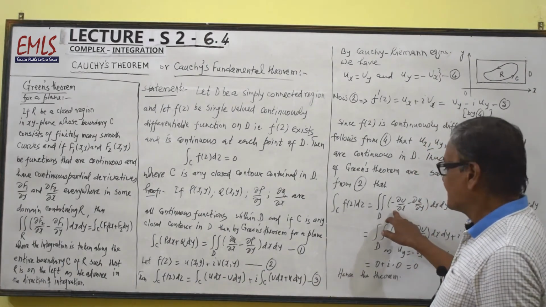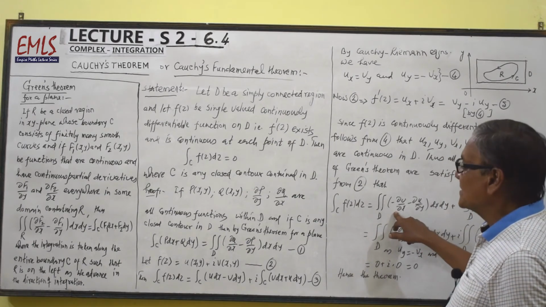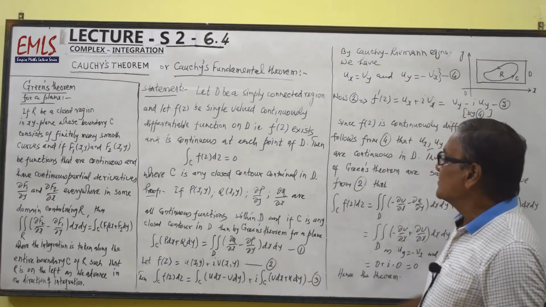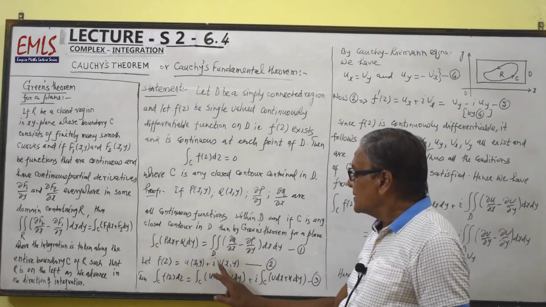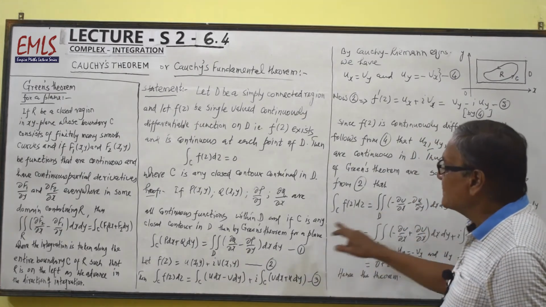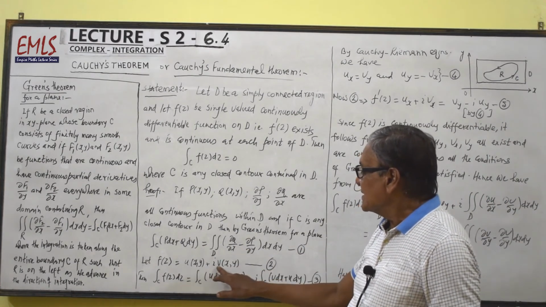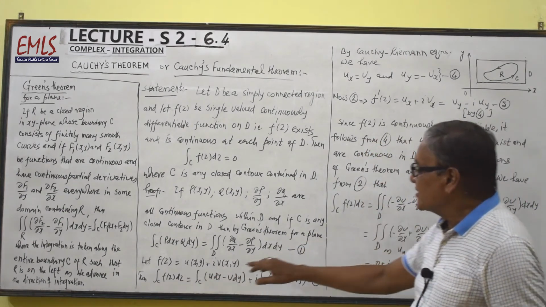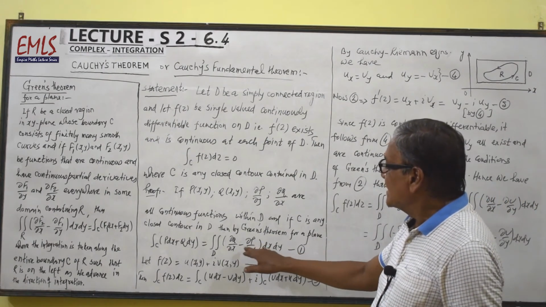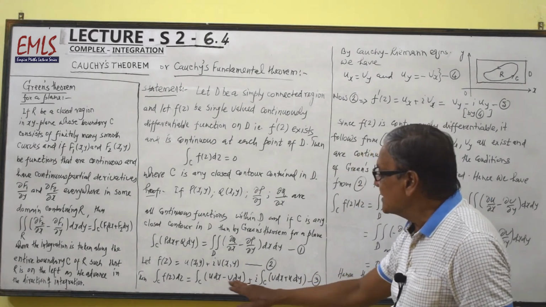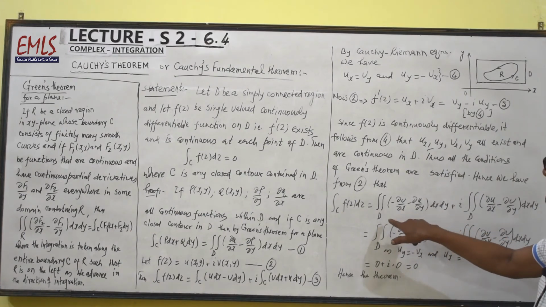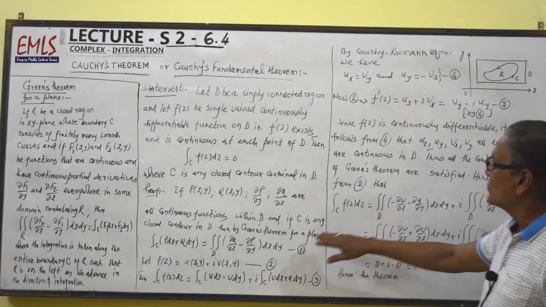Q will be minus v here, since the integrand is u dx minus v dy, so del Q/del x is minus del v/del x, and P is u. So we get the surface integral over D, using the value from 2.